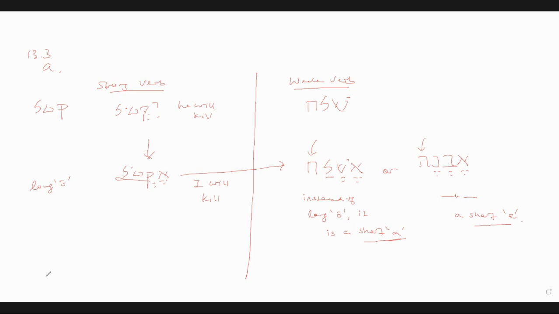Then under B, again, when we do yikto, but when you have a word like Amar, he said, if you were to follow this, you'll find that it will be an O class, and then here you will expect it to be something like this.